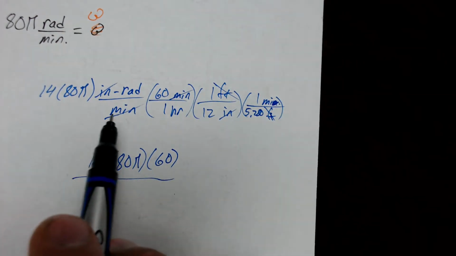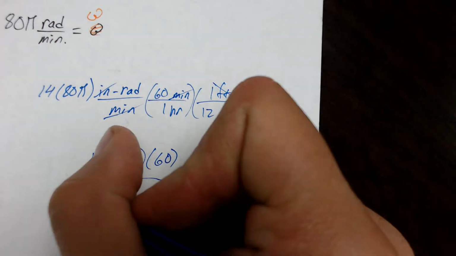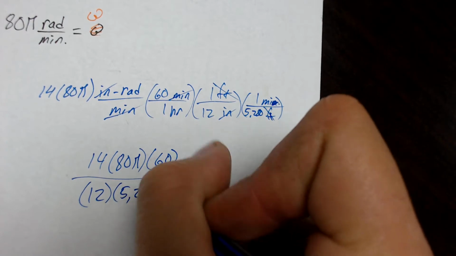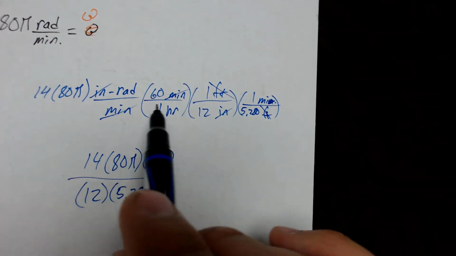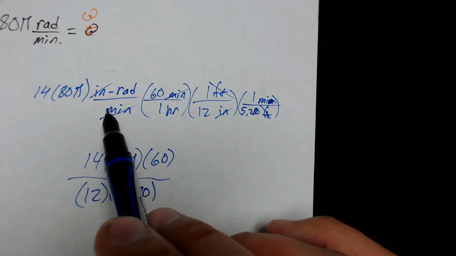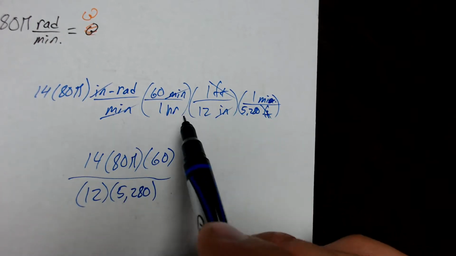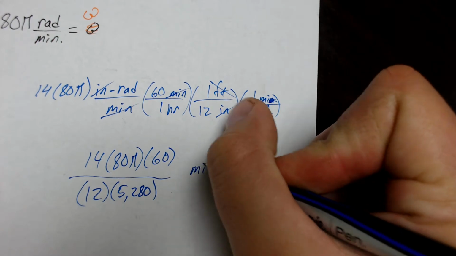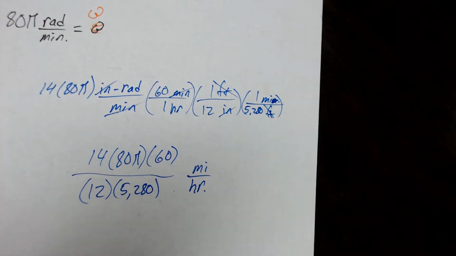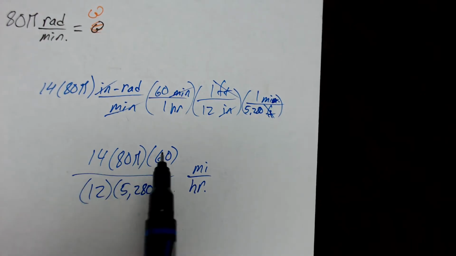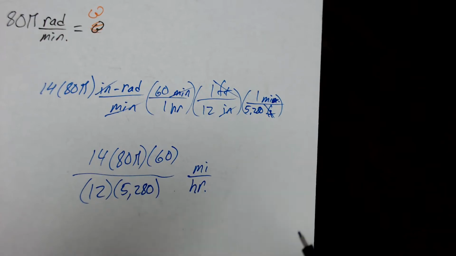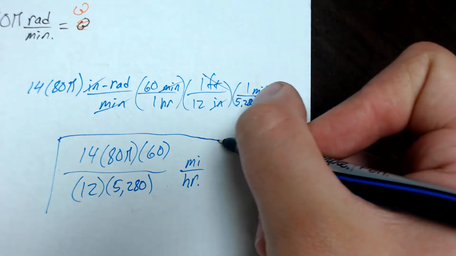In the denominator, I have 12 times 5,280, and the only words I have left are radians, miles, and hours. So this is going to be miles per hour. I'm not going to write the word radians because that's already signified by 80 pi. So this is my final answer.